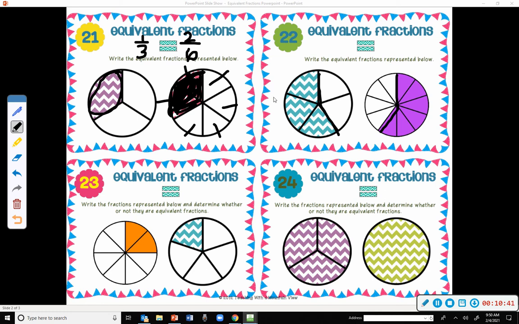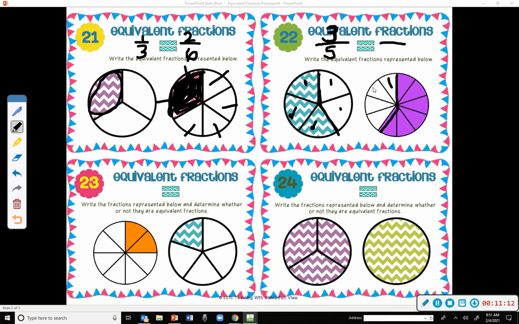So first I need to count all of the pieces right here. So there's 1, 2, 3, 4, 5. 5 is my, what do we call it? Denominator, good. Now, the numerator is how many pieces are shaded. So I have 1, 2, 3. 3/5. Okay, now I go over to this one. I'm going to count the total, and that becomes my denominator.